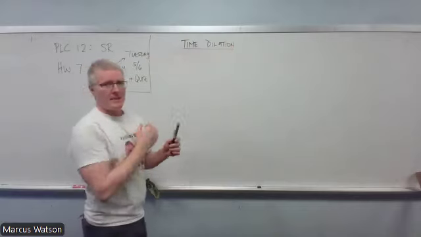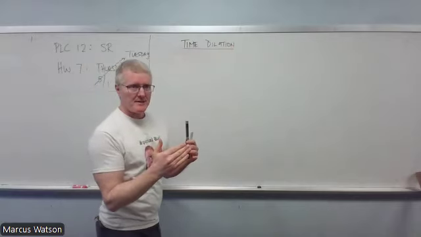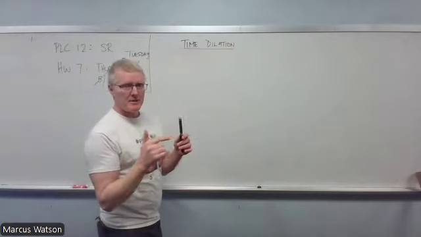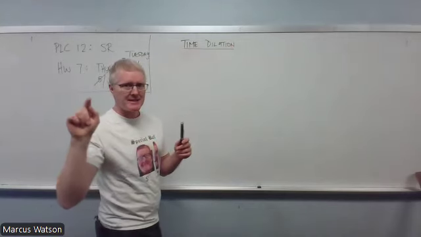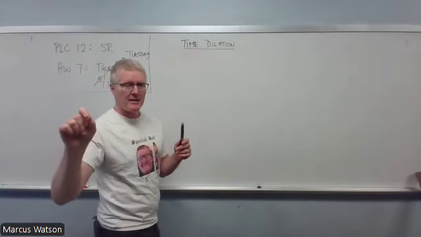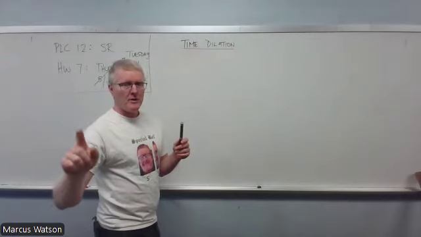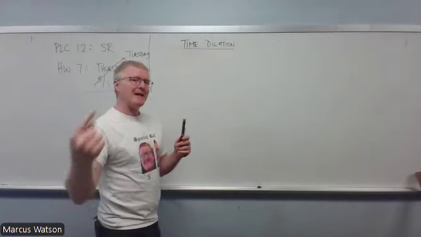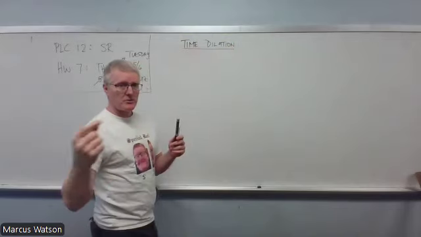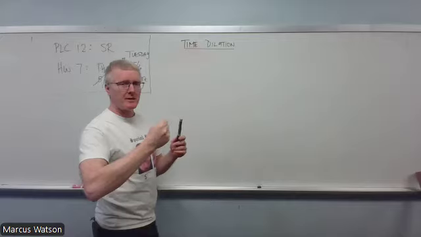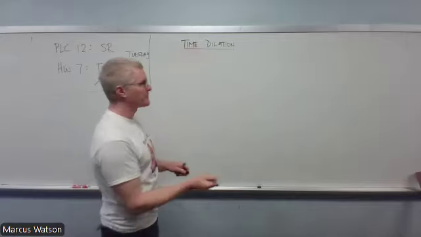The end result of that is that the time between clicks, as observed by an observer on the station platform, who is observing the train clock, is longer. So according to that observer, the train clock is ticking slower.